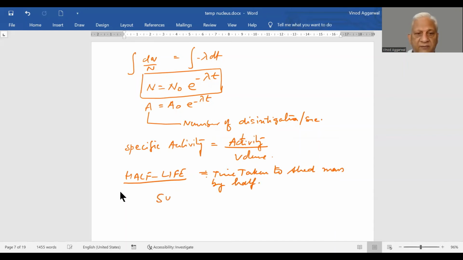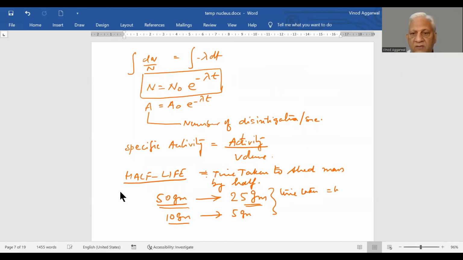Let us say we started with 50 grams of a radioactive material. How long will it take for this 50 grams to remain 25 grams? Or if we take 10 grams, how long does it take for this material to decrease to 5 grams? The time taken is called half-life.